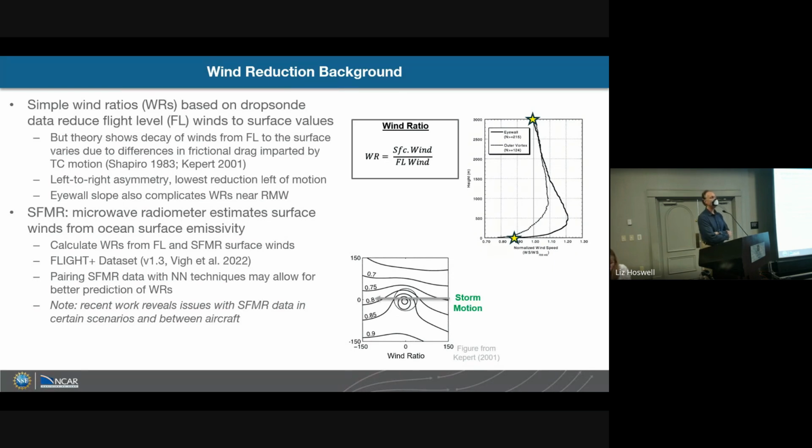We could co-locate the flight level winds with SFMR, run it through the neural network, train it, and then we'll get this great pairing. And I think we even in the proposal might have called SFMR the gold standard, possibly. So it's funny how these things work, and then the science evolves, and you're like, interesting. But the bottom line is that it actually worked pretty well.